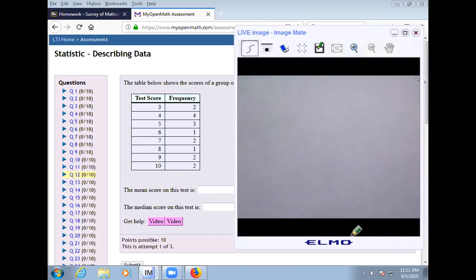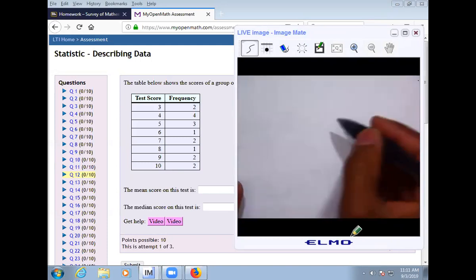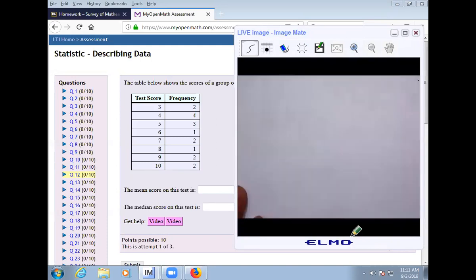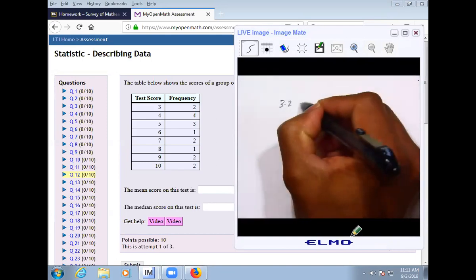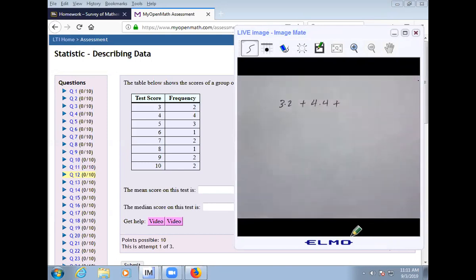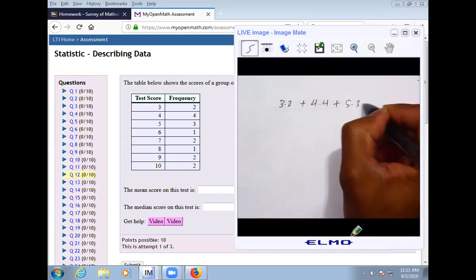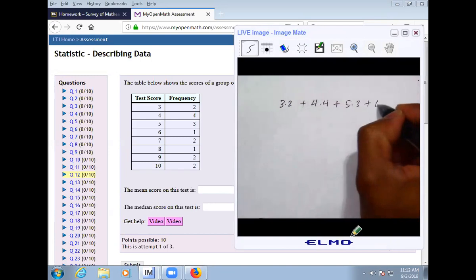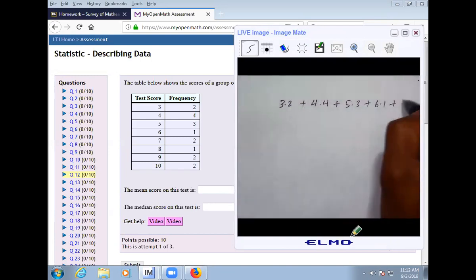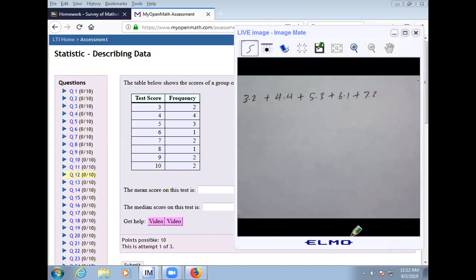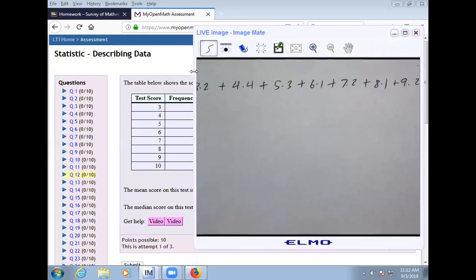Okay. So to find the mean, you can just multiply 3 times 2, right? Plus 4 times 4, plus 5 times 3, plus 6 times 1, plus 7 times 2, plus 8 times 1, plus 9 times 2, right?